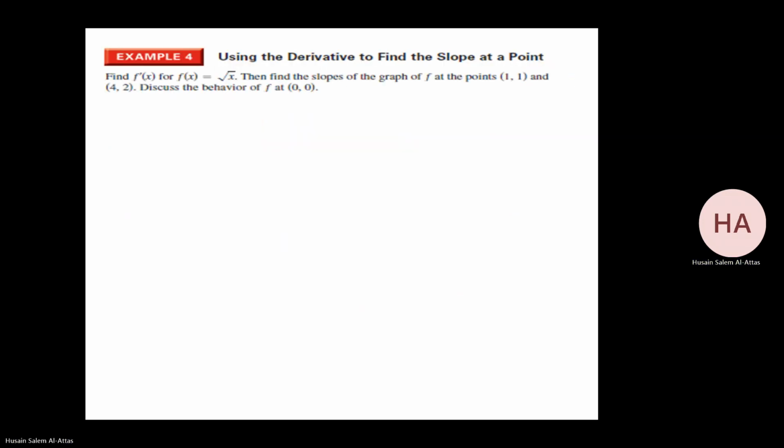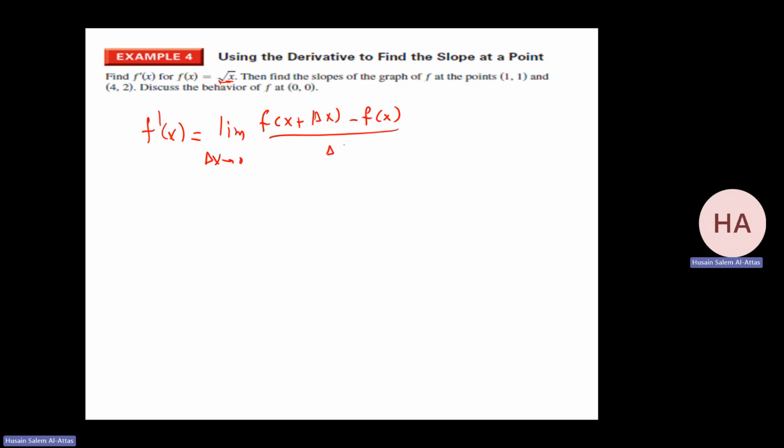Okay. You have a different function, the square root of x. You need to do the same thing. What will be f prime? The limit as delta x goes to 0 of f of x plus delta x minus f of x over delta x. Plug in the functions, I mean.